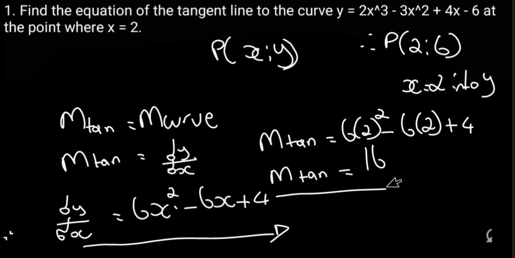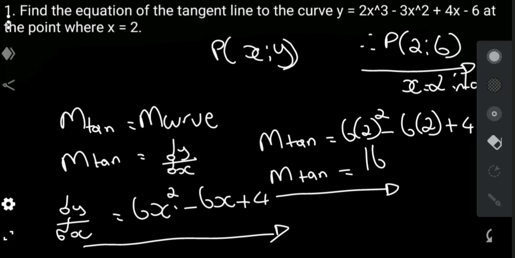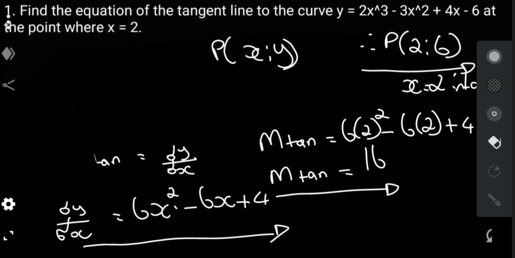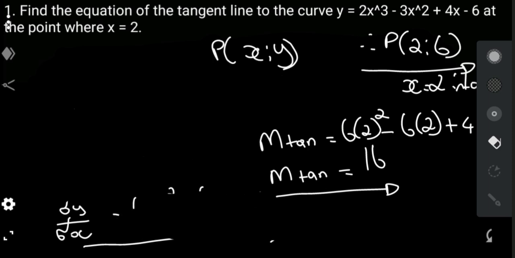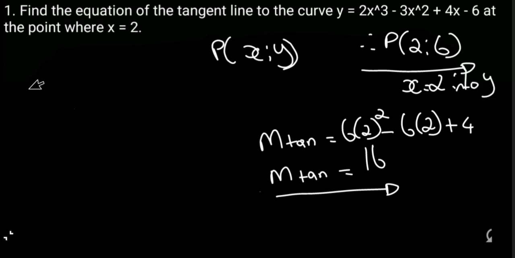So now we do have the gradient of the tangent and also a point. We can simply determine the equation of the tangent by using the standard form of a straight line. The one that I'm going to use is this one: y minus y1 is equal to the gradient of the tangent into x minus x1.